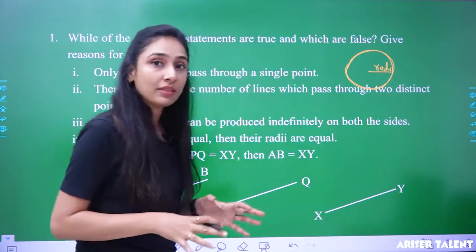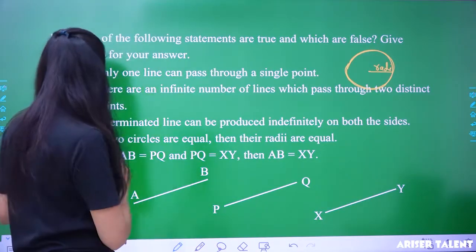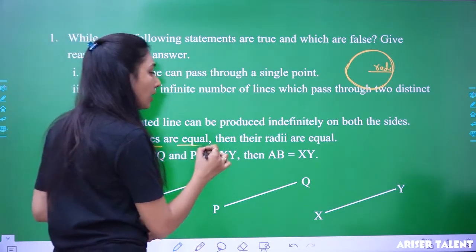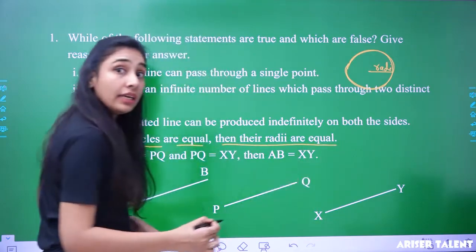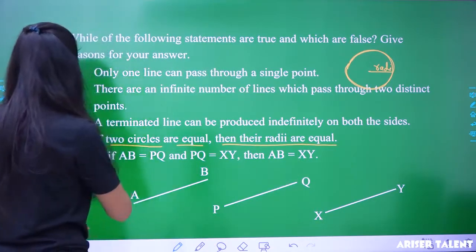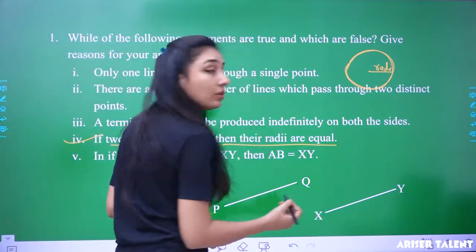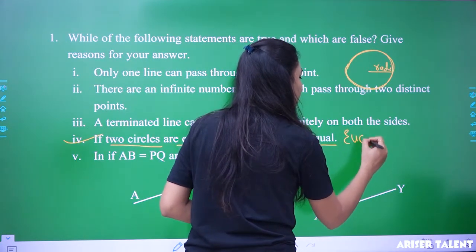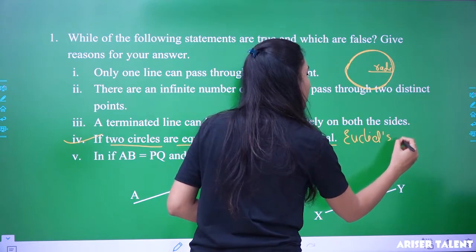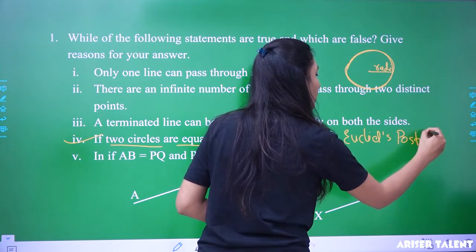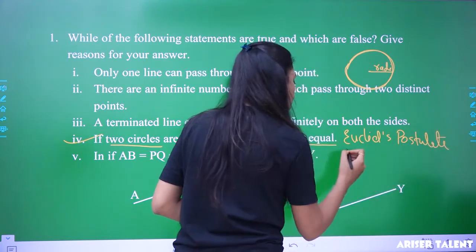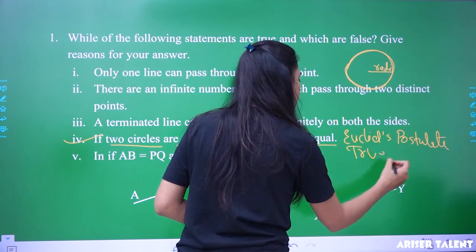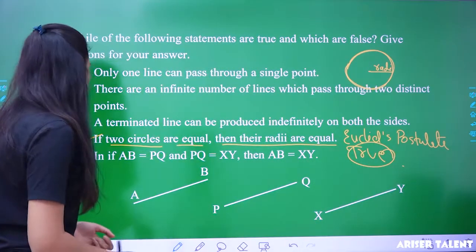So here, if two circles are equal, then their radii are equal. Is it so? Yes, it is. So according to Euclid's postulate, we can say that it is true.